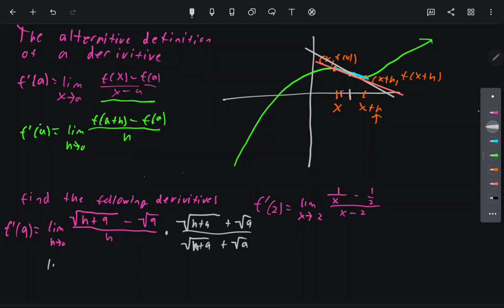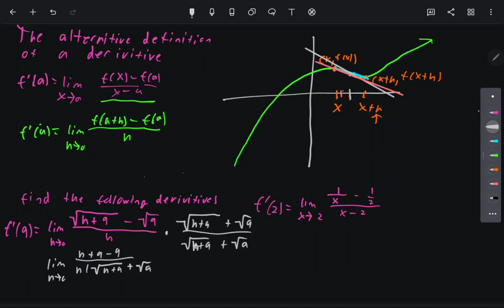Well, this leaves us with the limit as h approaches 0 of h plus 9 minus 9 over h times the square root of h plus 9 plus the square root of 9.